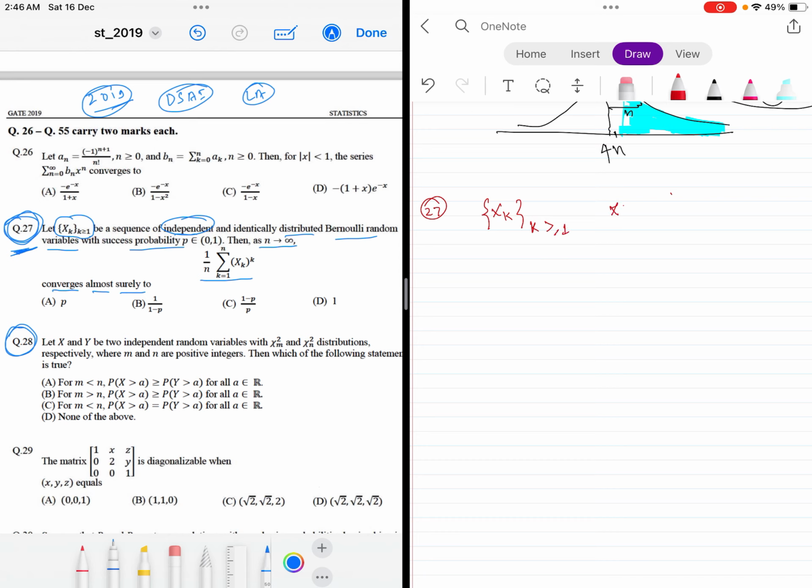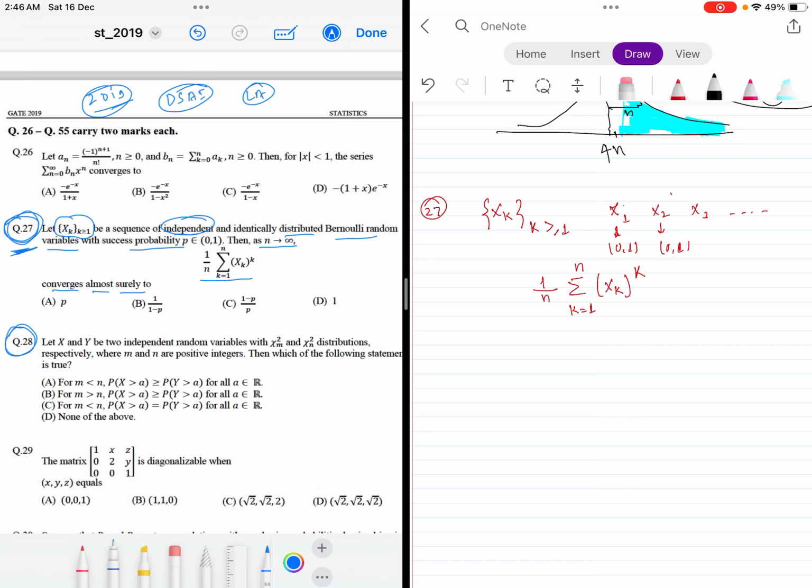So we can have x1, x2, x3, dot dot dot, all distributed Bernoulli. They can take either 0 or 1. Now we have this expression, 1 by n summation k equals 1 to n of Xk to the power k, and we have to find where it converges if n goes to infinity.